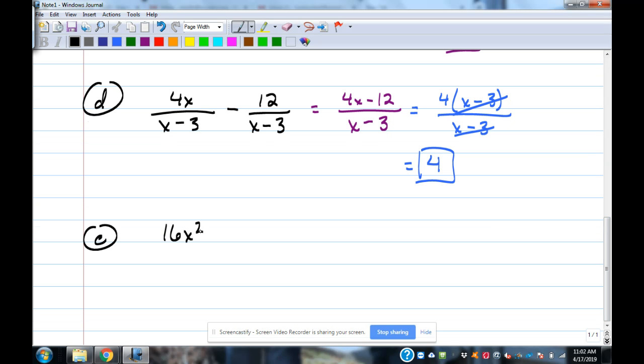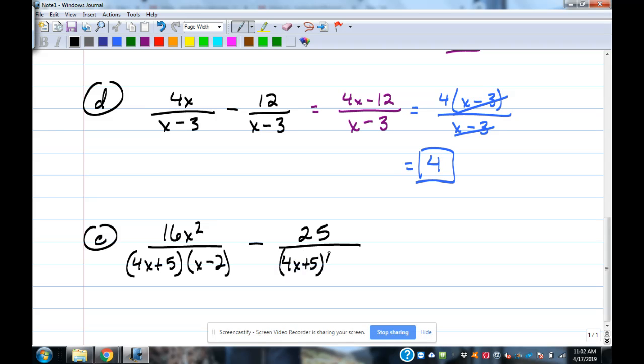So we had 16x squared over 4x minus 5 times x minus 2, minus 25 over 4x minus 5 times x minus 2. Looks a little tougher here because you've got more stuff in the denominator, right? But what do we know about it?